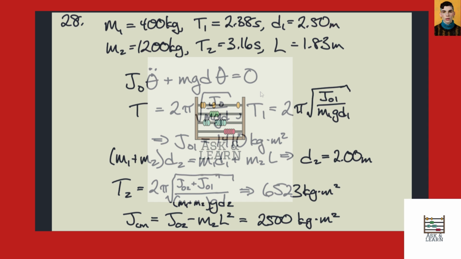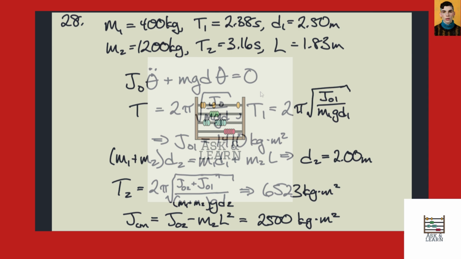And it has a natural period of oscillation of 2.38 seconds. So this is with no vehicle in it. Now, we put a vehicle in it, and the vehicle has a mass of 1,200 kilograms. We now measure the period to be 3.16 seconds.